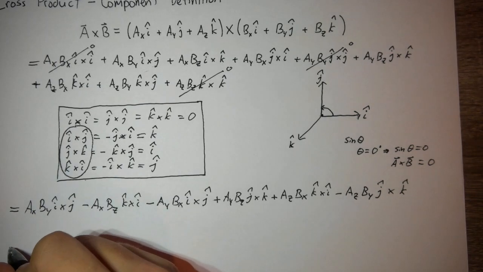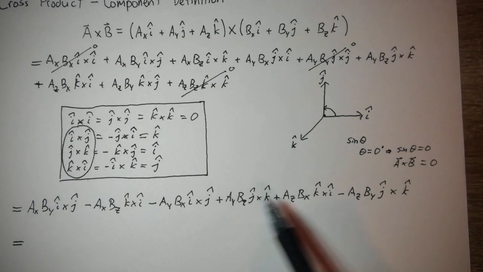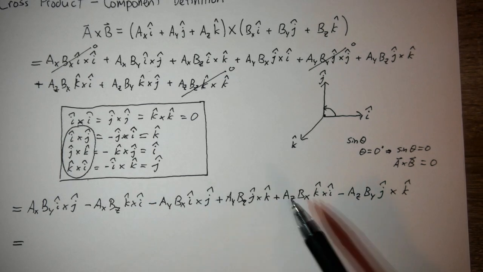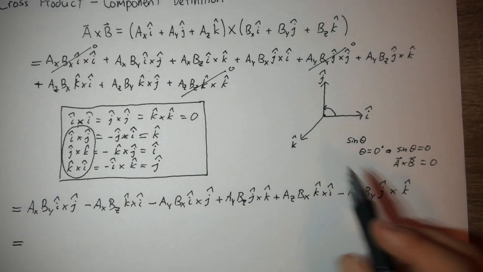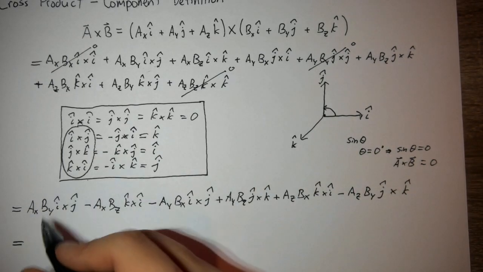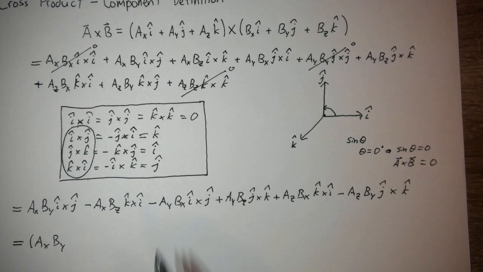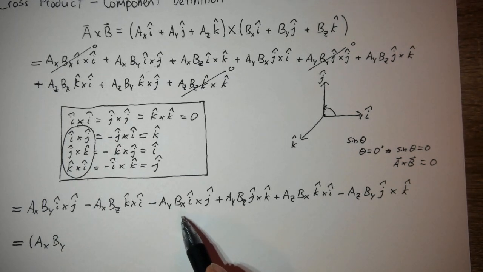Okay, now we can group the like terms. So we have two terms that have the same unit vector configuration. I'm going to take this term here, AXBY, and then find the other i cross j term, this one.